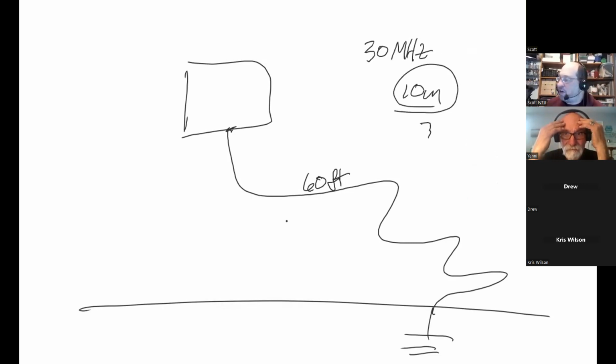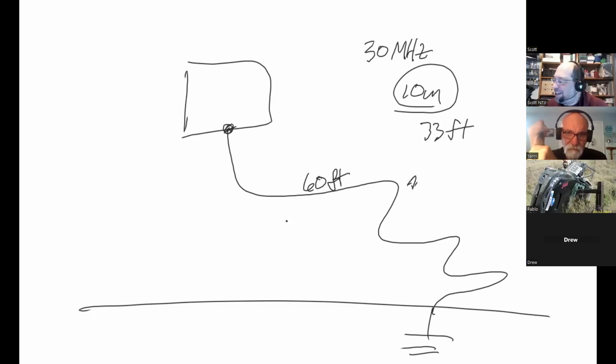That's 33 feet. You have it right here. What is that 60-foot piece of wire? What is it now? It has a name. Antenna. That is now called an antenna. That will pick up energy and that will radiate energy.